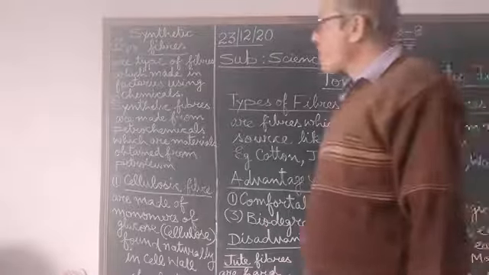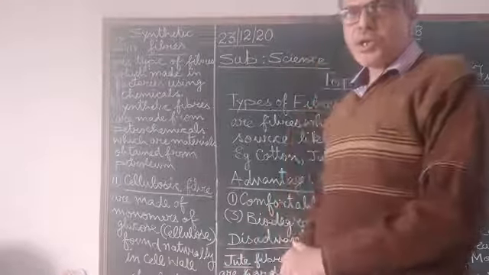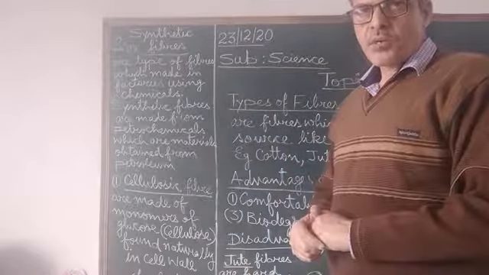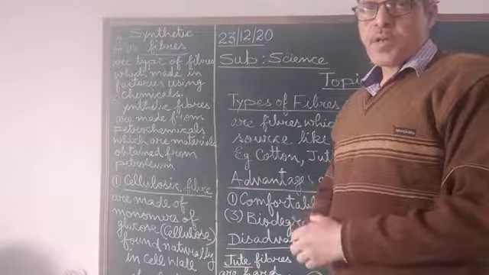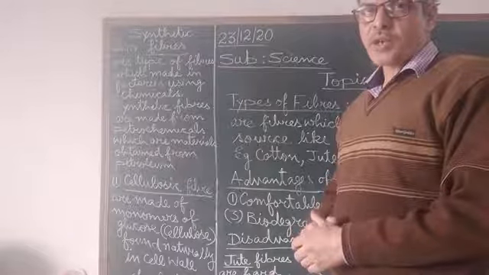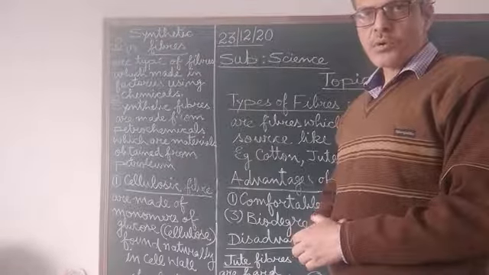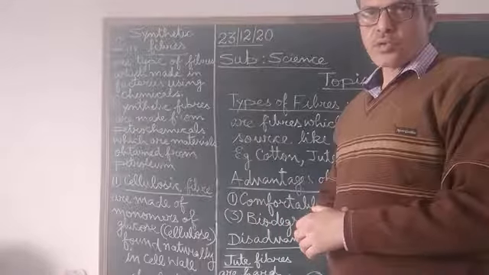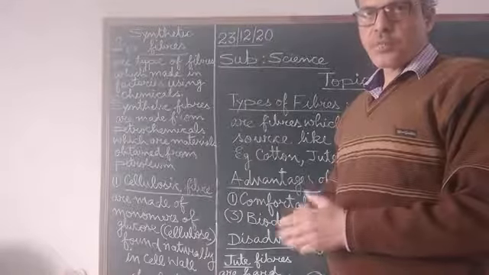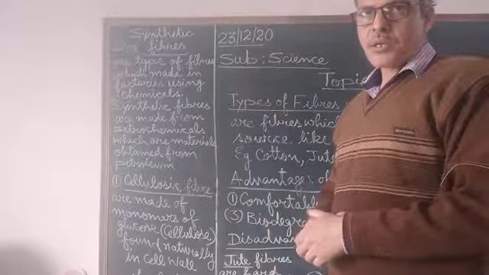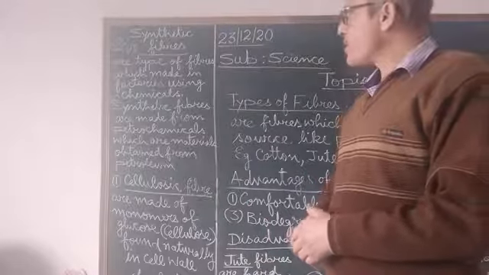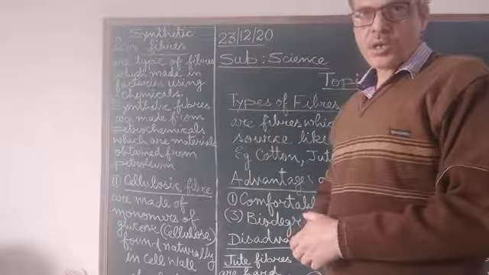So these synthetic fibers are a type of fibers which are made from various chemicals in the factories and laboratories. In them, no natural sources are used, like no plants or animal materials are used as raw material in making these synthetic fibers.